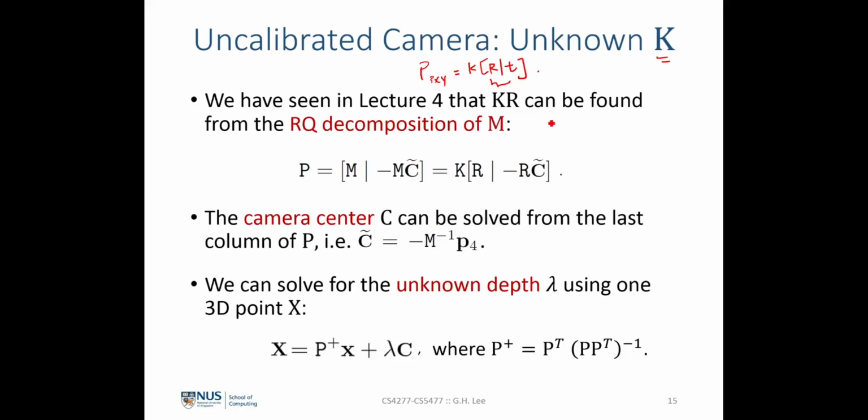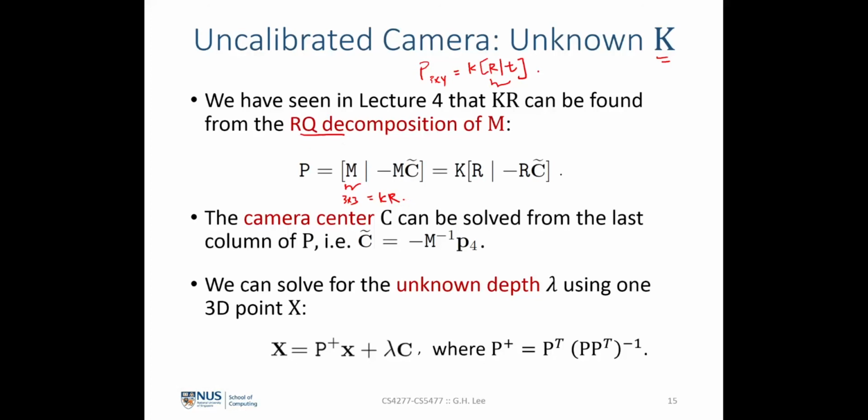So we have seen earlier on in lecture 4 that this guy over here, the first 3 by 3 entries in our camera projection matrix M, is actually equal to K multiplied by R. And what this means is that we can make use of M to recover K and R using the RQ decomposition.